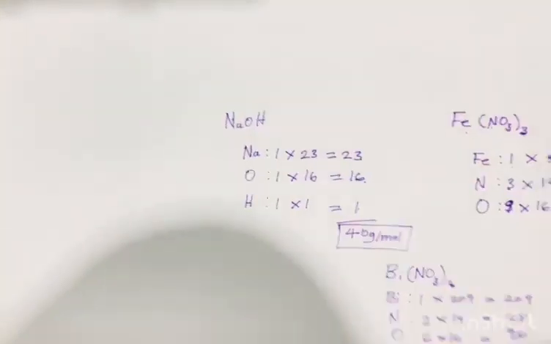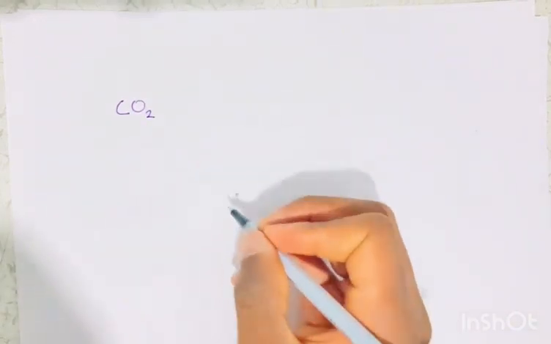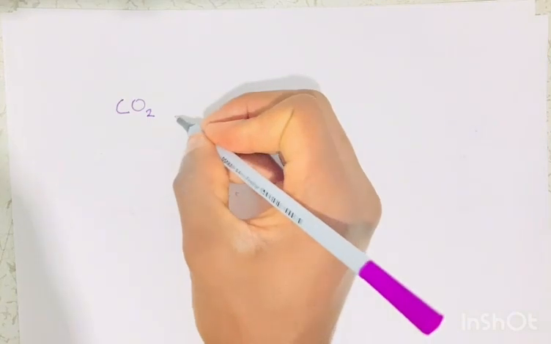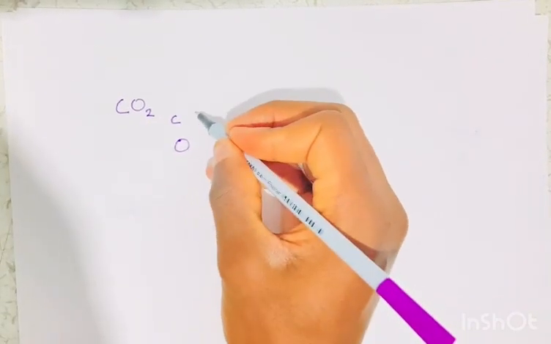Okay, let's look at our last examples. Suppose you're given carbon dioxide. Carbon dioxide is CO2. You're asked to find the molar mass of carbon dioxide. So we list the elements. We have carbon, and in carbon dioxide we have oxygen.